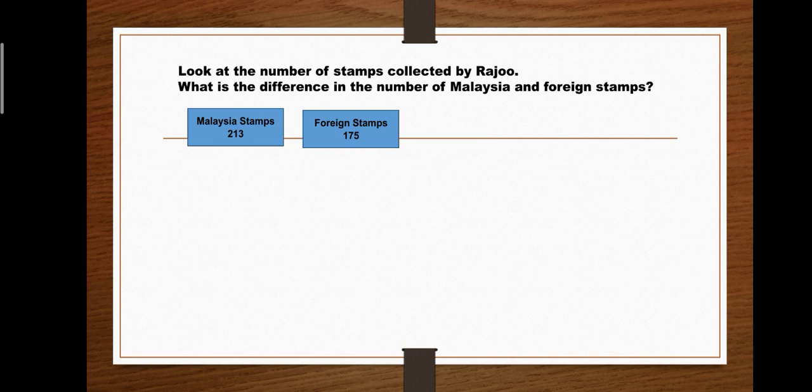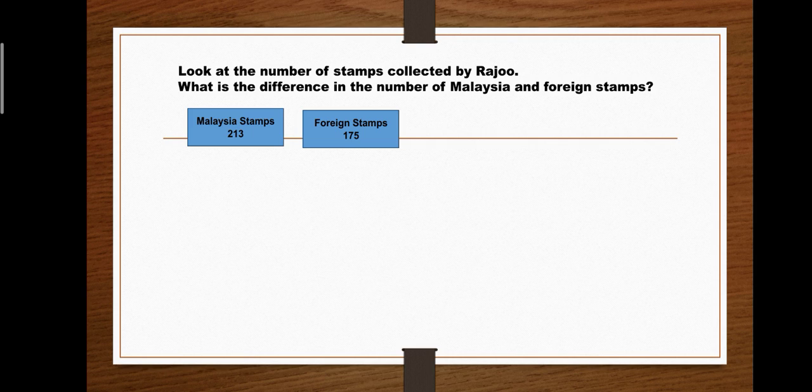Number 3. Look at the number of stamps collected by Raju. Raju is collecting stamps. Malaysia stamps 203, foreign stamps 175. What is the question? What is the difference in the number of Malaysia and foreign stamps? You have to find the difference.